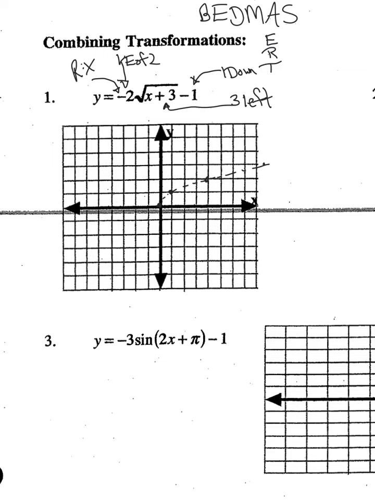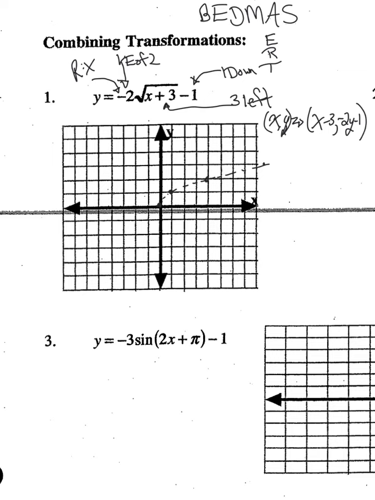Remember the mapping: if I've done those transformations to the function, I would have taken any point x, y on the original over to the point x minus 3, that would move it to the left, and negative 2y minus 1. The negative 2 would expand it and reflect it, and the minus 1 would shift it down.